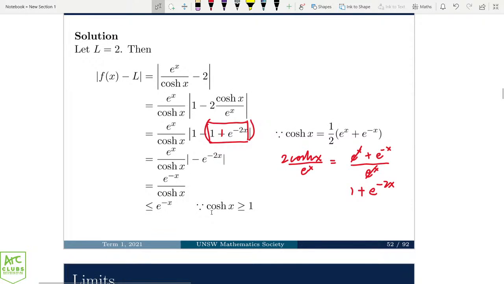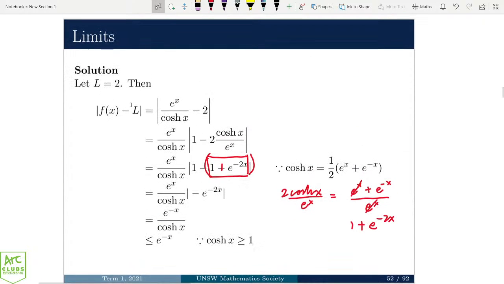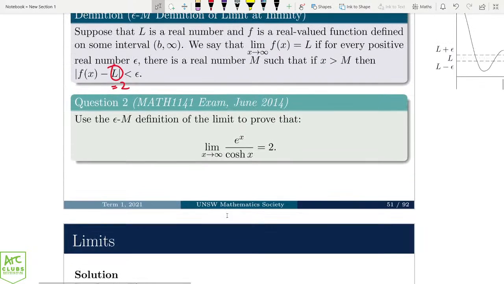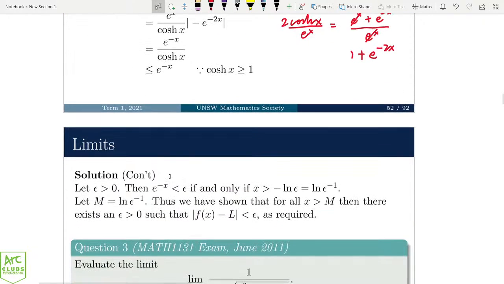Now, because we know that cosh x is always greater than or equal to 1, our f(x) minus L, which is our expression here, will always be smaller than or equal to e to the power of negative x. So what we can do with this result is to say that, remember, throughout when we're doing this question, we have to constantly come back to this epsilon M definition of limit at infinity. So that's exactly what we've done here.